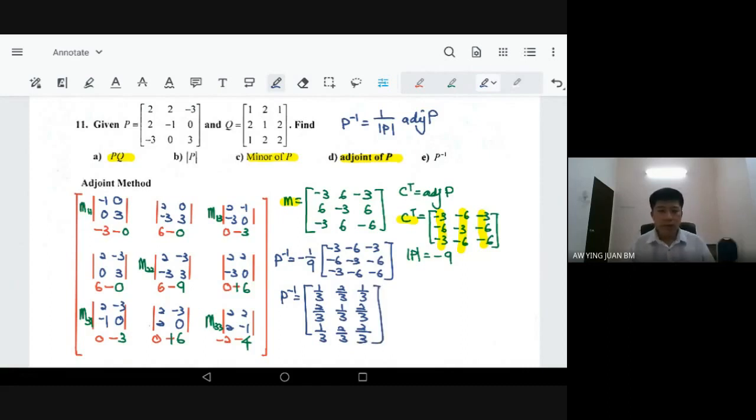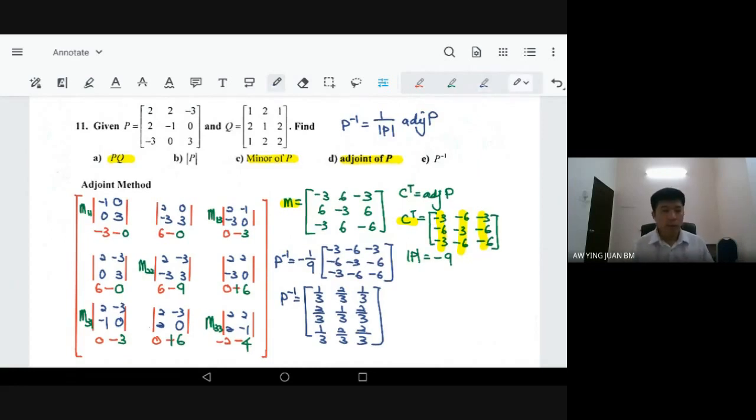So here we have the process of finding the PQ, the determinant of P, the minor of P, the adjoint of P, and finally the inverse for the matrix P. It is not necessary for us to follow the order. We can adjust the situation, then find the best solution for us in order to answer the questions.